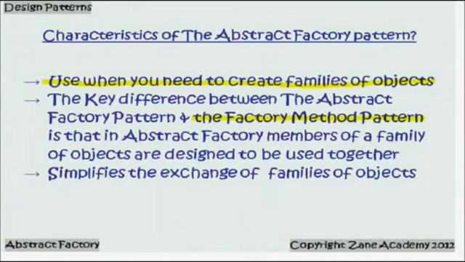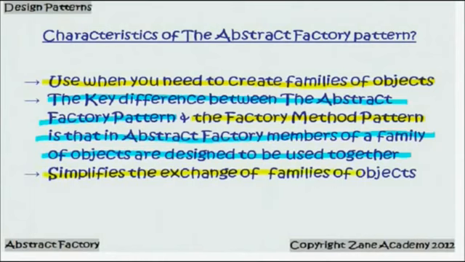The key difference between the abstract factory pattern and the factory method pattern is that in the abstract factory pattern, members of a family of objects are designed to be used together, to be created and used together. Okay? And also this pattern simplifies the exchange of families of objects.